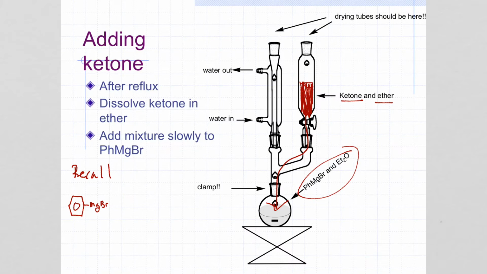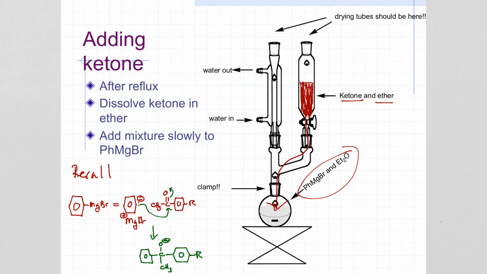Recall that a Grignard reagent reacts like an anion, which is a good nucleophile. So that's going to react with your ketone by nucleophilic addition to the carbonyl, giving you this alkoxide, and there is your new carbon-carbon bond.